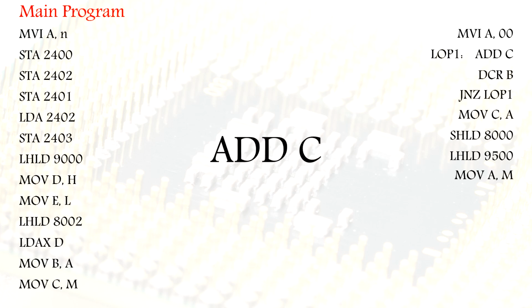Using MOV A, M, whatever was stored at the location in the HL register pair, 6501, initially carrying 00, is transferred to A. We'll simply add C to it, taking the data from 6501 and adding the contents of C to it. Every iteration this will keep taking place.